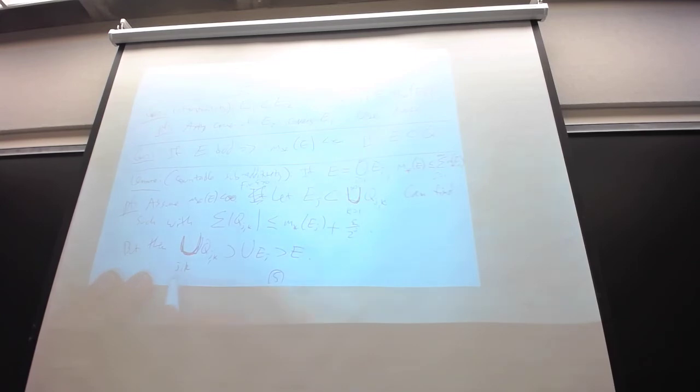So this is a countable collection of cubes. Countable of countable is countable. Monotonicity, the measure of E is at most the, well, no, I can't use monotonicity because this is a countable set. I want to use what I just proved here.